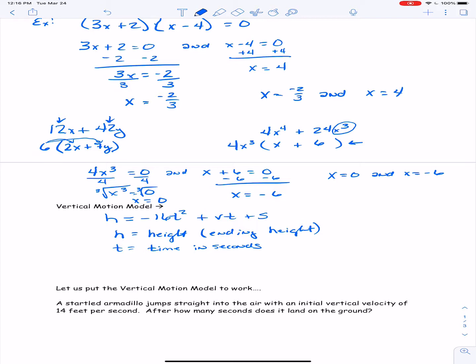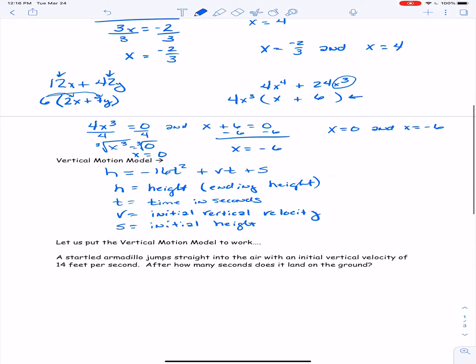And your v is your initial velocity, your initial vertical velocity. And your s is your initial height. Okay, so with everything defined, let's do a problem together.